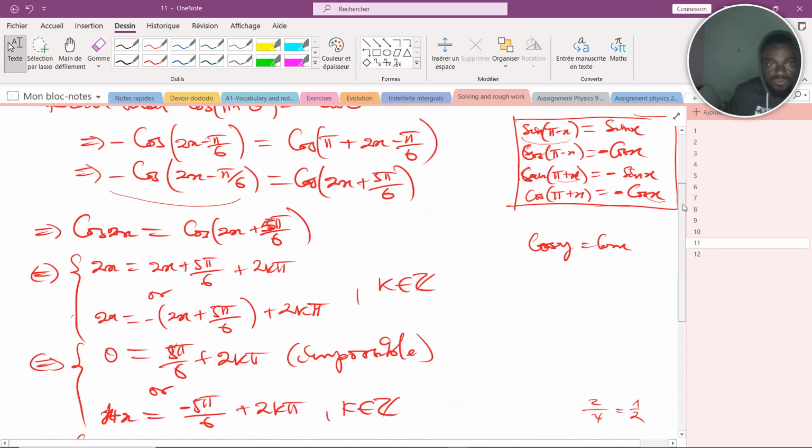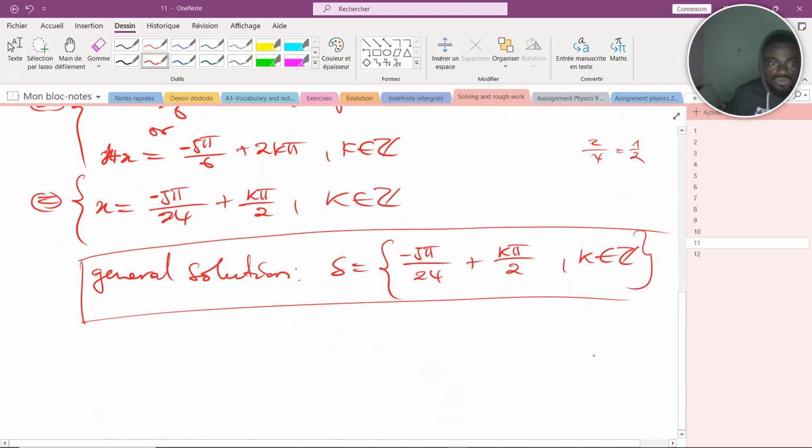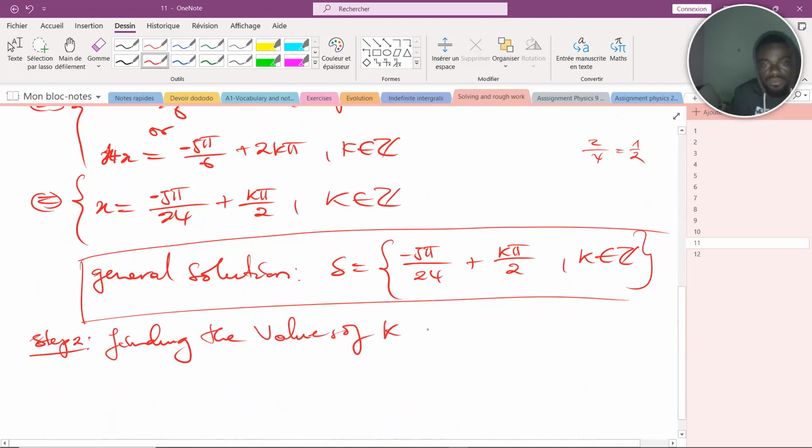Now, after finding the general solution, the next step is to find the values of k for which we have solutions on the interval minus pi to pi.